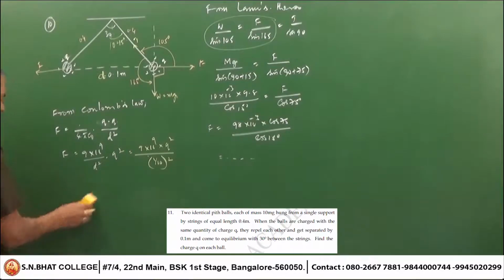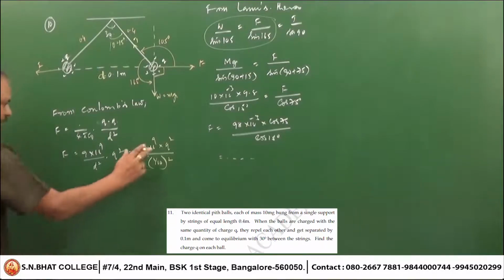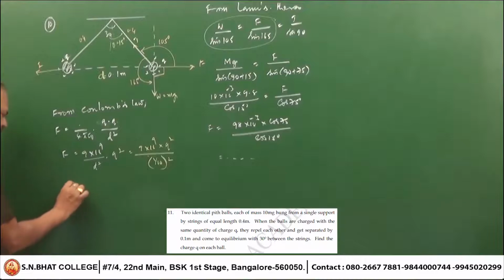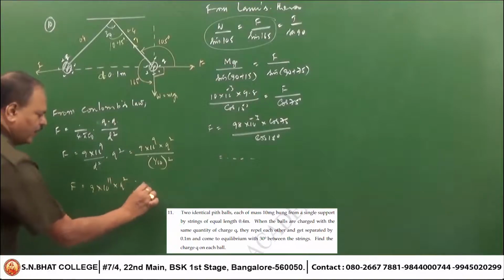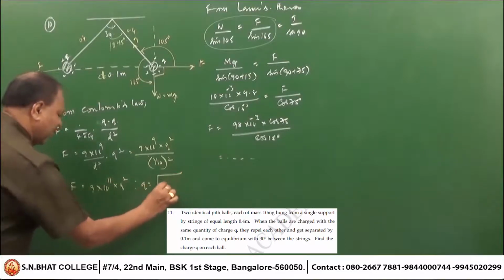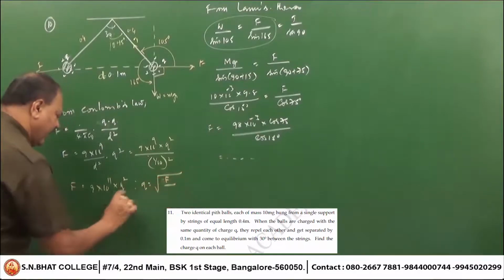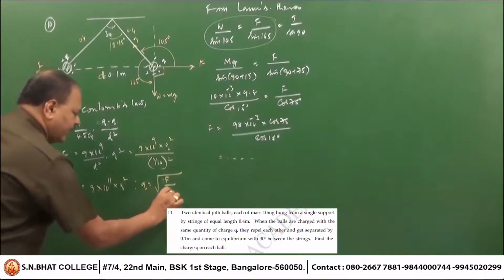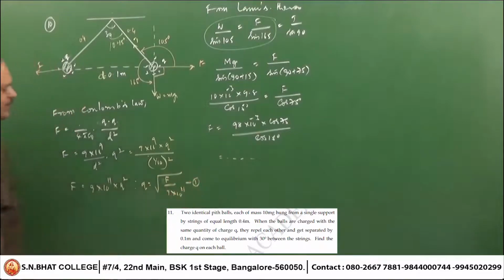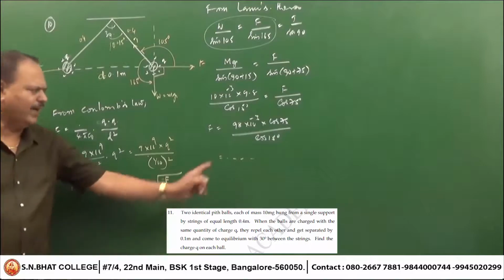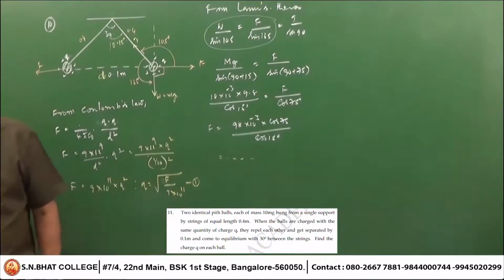The next step you can write the Q square. Here it is F is equal to 9 into 10 to the power of 11 into Q square. Therefore your Q is equal to square root of F divided by 9 into 10 to the power of 11. That you can take it as equation number 1. ಇವಾಗ ಇಲ್ಲಿ F ಬರುತ್ತಲ್ಲ ಸಬ್ಸ್ಟಿಟ್ಯೂಟ್ ಮಾಡಿ.